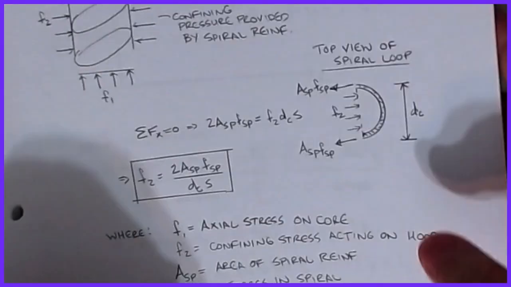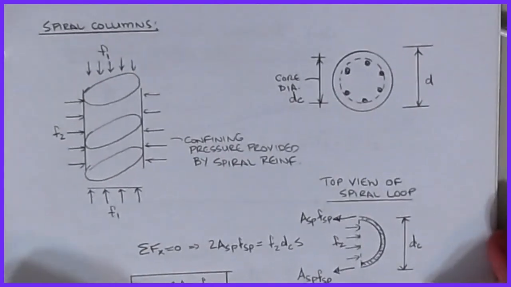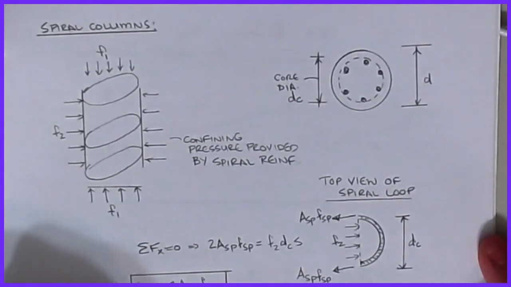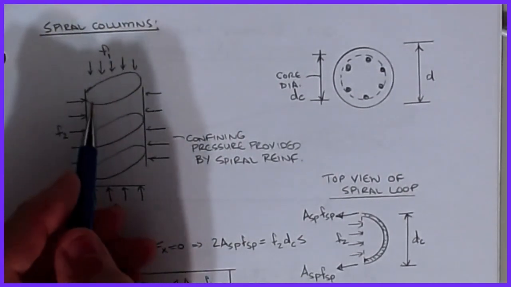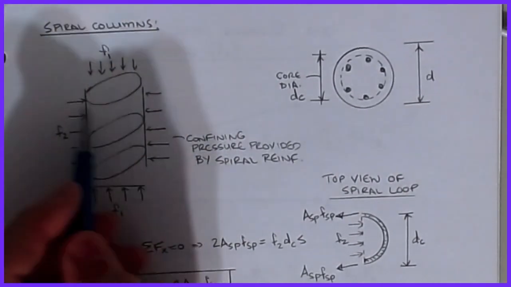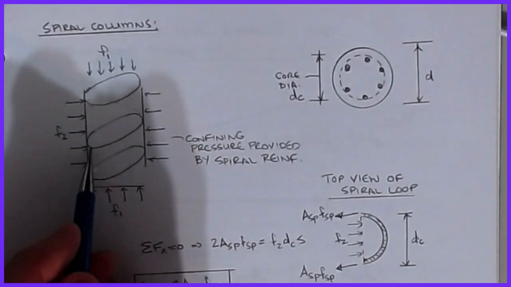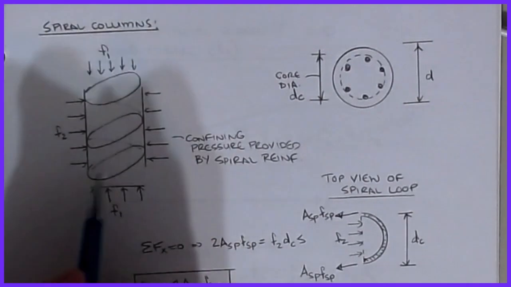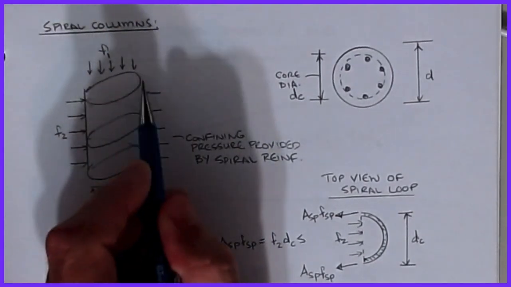Here is the general P0 formula, but this defines spiral columns and how we are able to figure out the strength of a spiral column. In a spiral column, and I haven't drawn all of it, I have a spiral wrapping around, coming down this way and this way, looping its way down. But we're going to look at basically one little circle of this.